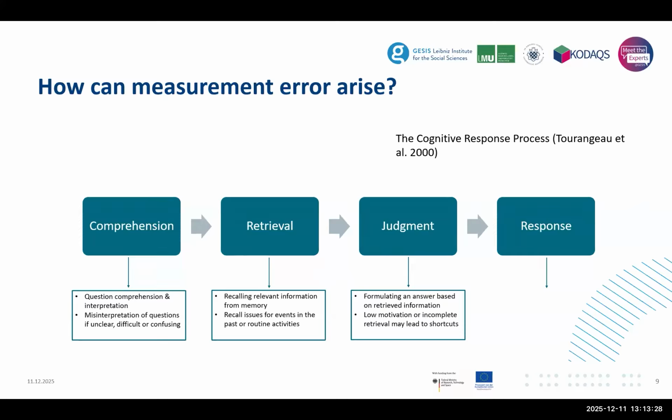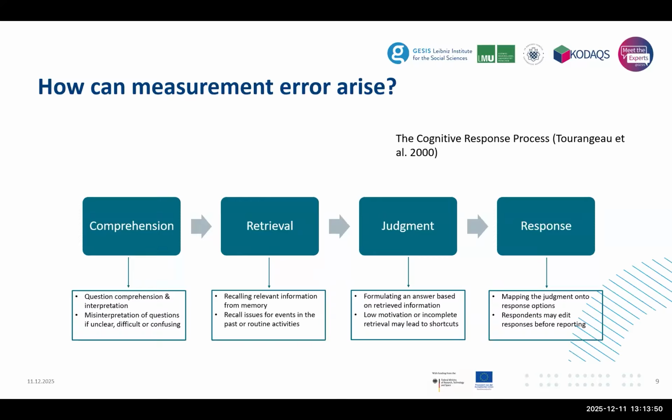And then lastly, the final stage is the response stage, where a respondent maps the judgment they formed onto the available response options. At this last stage, there is also potential for measurement error. A very classic one is that respondents may edit the response before they report it.